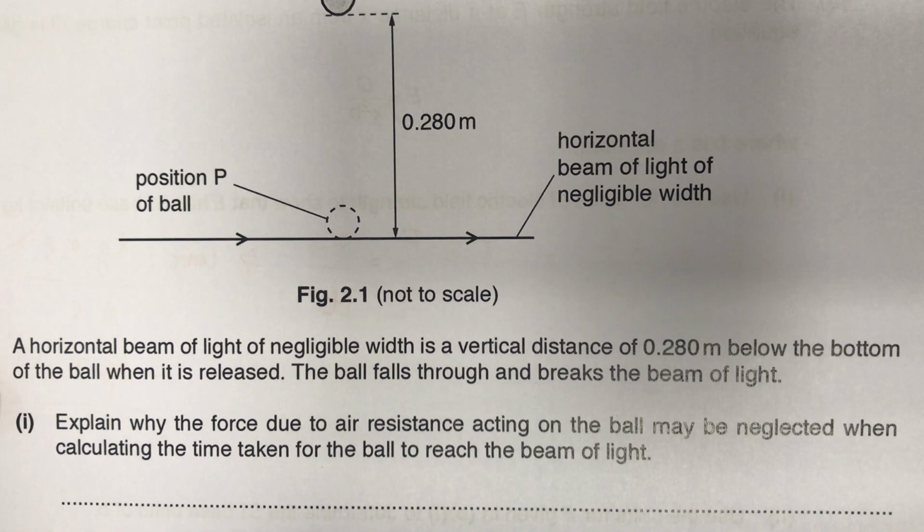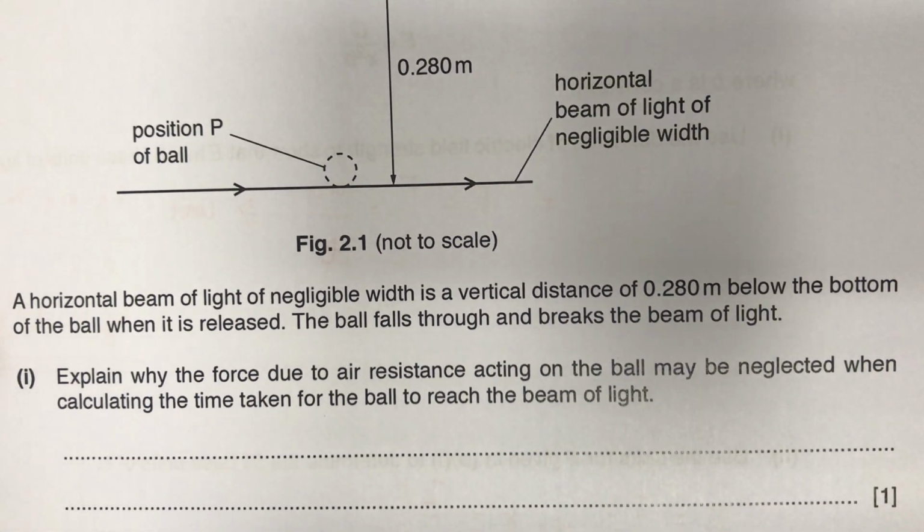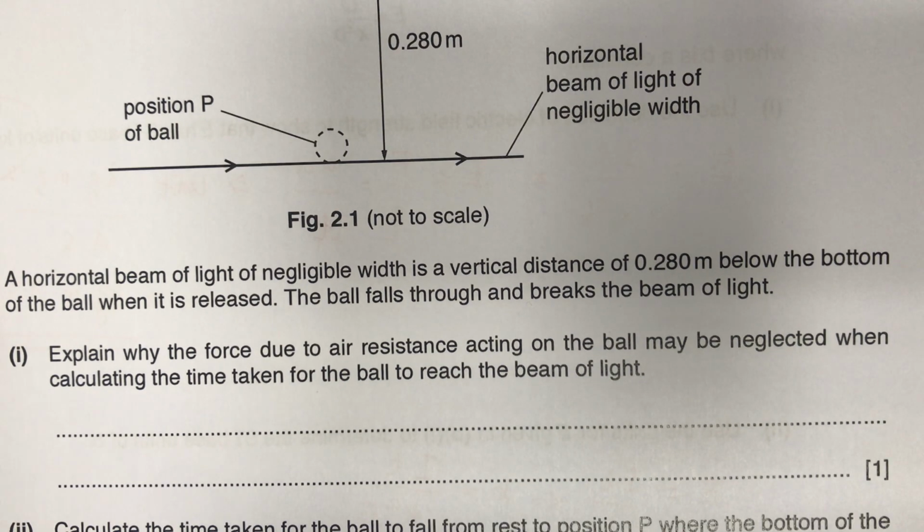So question I: explain why the force due to air resistance acting on the ball might be neglected when calculating the time taken for the ball to reach the beam of light. Okay.